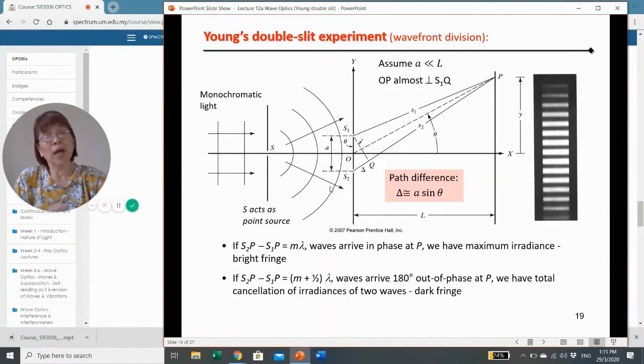Now, we would like to write this path difference in terms of a and theta. So looking at just this triangle, which we have taken to be almost perpendicular, so it's a right angle triangle, you'll find that delta would actually be a sine theta.